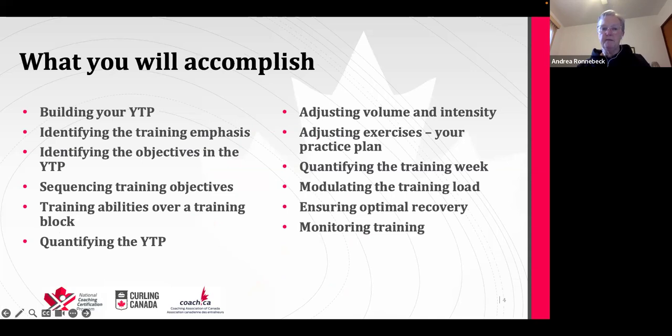You'll be able to identify the training emphasis, identify the objectives in the yearly training plan, sequencing of training objectives, training abilities over a training block, quantify the yearly training plan, adjust the volume and intensity, adjust exercises, for example, in your practice plan, quantifying the training week, modulating the training load, and ensuring optimal recovery, all while monitoring training. And we're going to talk about each of these individually.